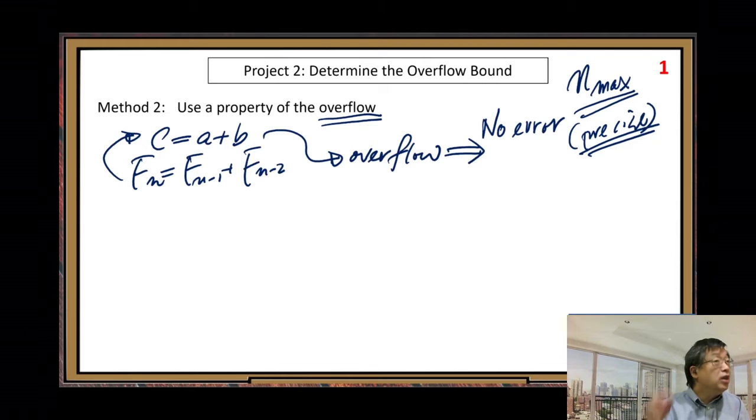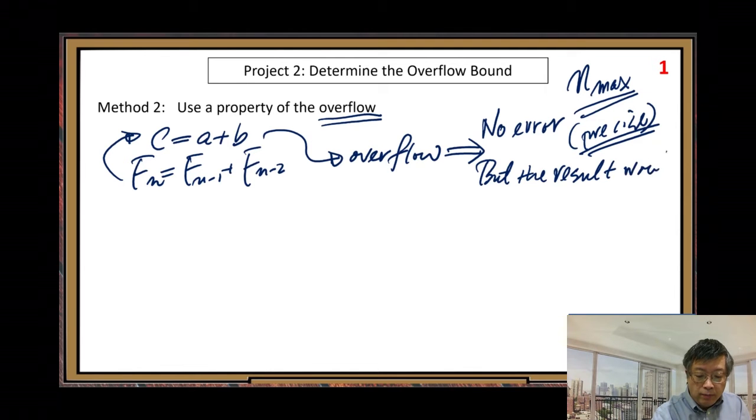So we need to do something to detect it. No error, but the result would be truncated.